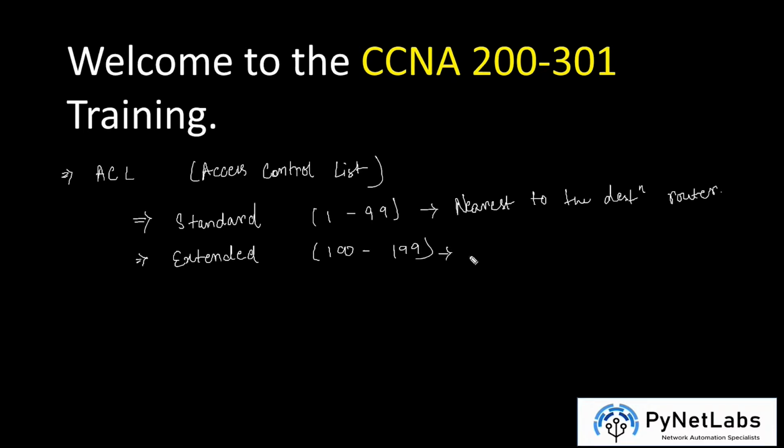And the extended access control lists are usually applied nearest to the source router. So as of now, keep in mind that there are two types, standard and extended, and standard ones are applied nearest to the destination router and the extended ones nearest to the source router.